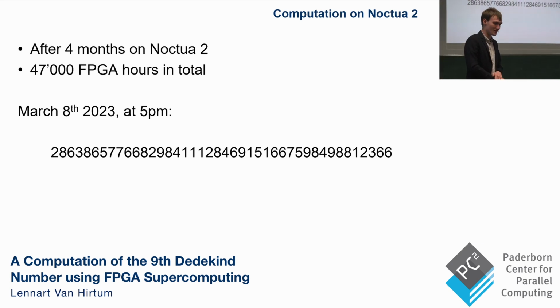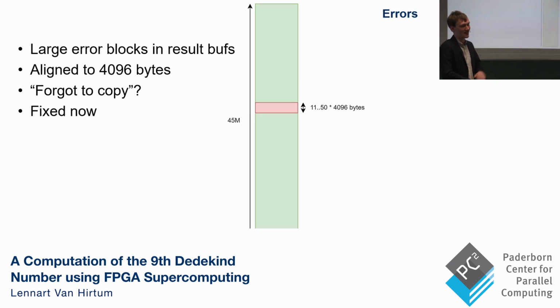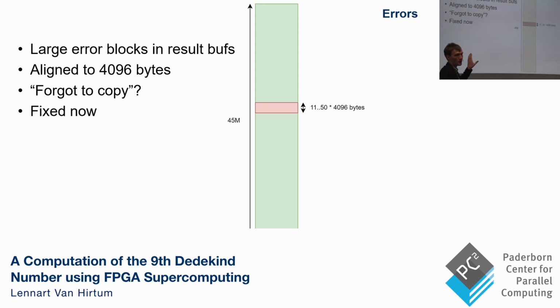But we weren't there yet, because we had this issue on the cluster. Namely, every so often, the communication library for talking to these FPGAs would just forget to copy a tiny amount of memory.